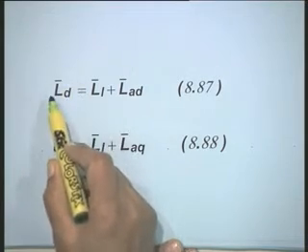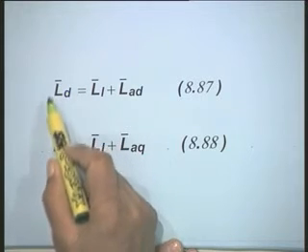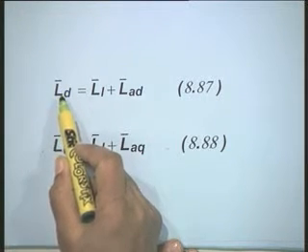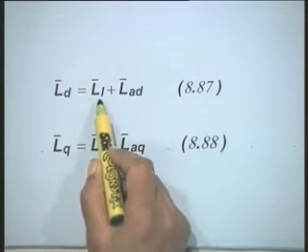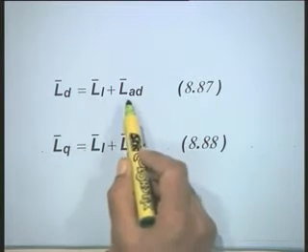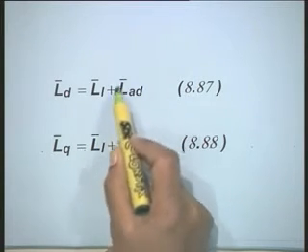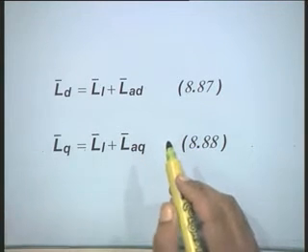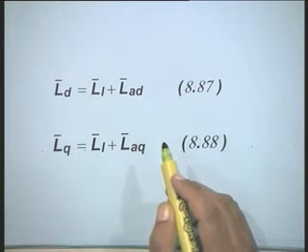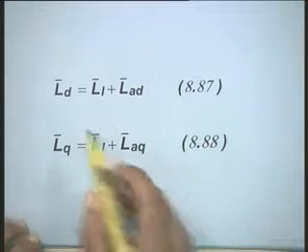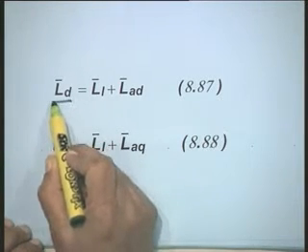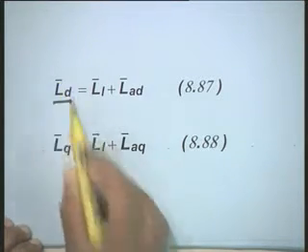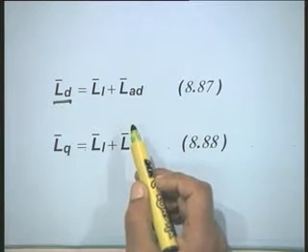To make them equal, we define the per unit self inductance of the D-axis stator winding as per unit leakage inductance plus per unit mutual inductance. The total per unit inductance of the D-axis winding on the stator is defined as LD bar. This super bar stands for per unit.